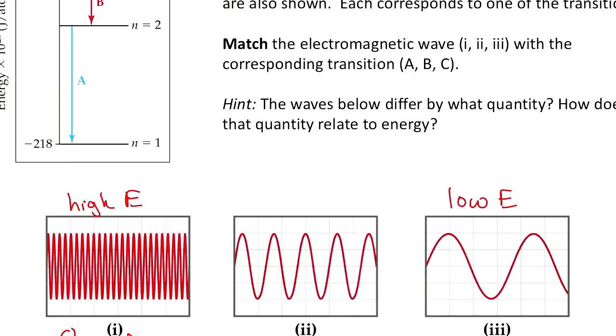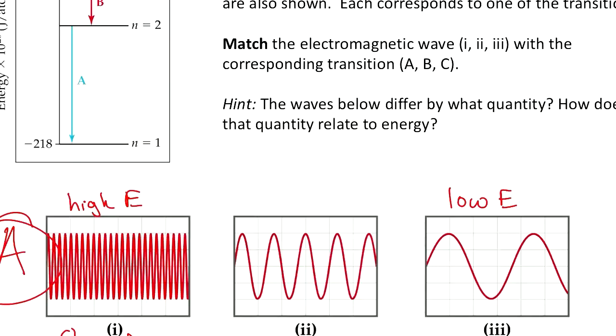Which wave will be emitted or involved with transition A? A represents what kind of transition? A transition with a very small energy change, or a very large energy change? Large. So what kind of photon should be released? A photon with a lot of energy. Yes, so transition A is going to be the high energy photon because look, this is a huge transition, right?